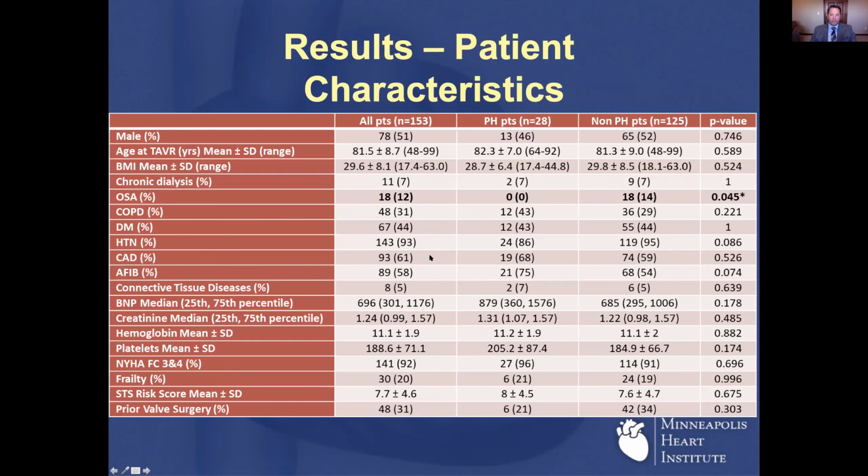Otherwise, the groups were the same. As no surprise, coronary artery disease and atrial fibrillation were ubiquitous between the two groups, occurring in almost everybody. Frailty, STS risk score, prior valve surgeries, no difference between the two groups.